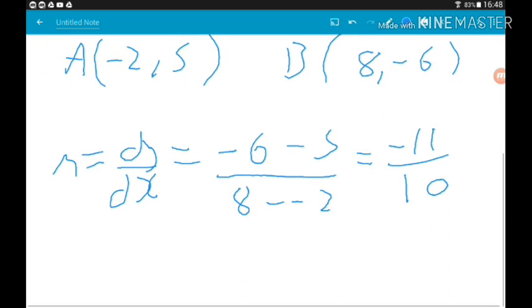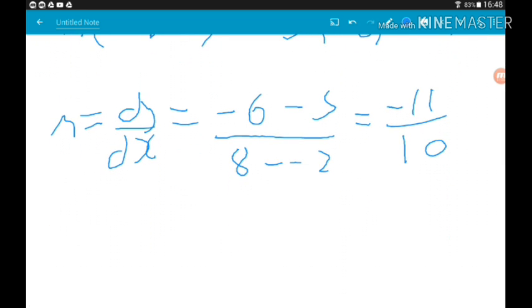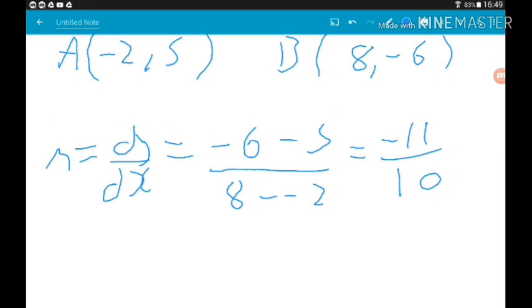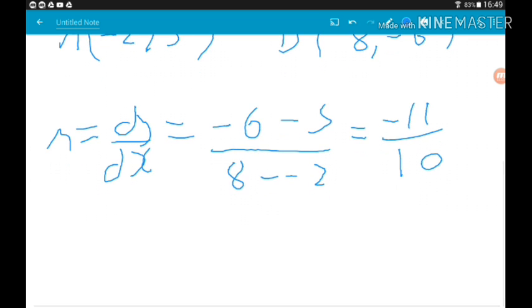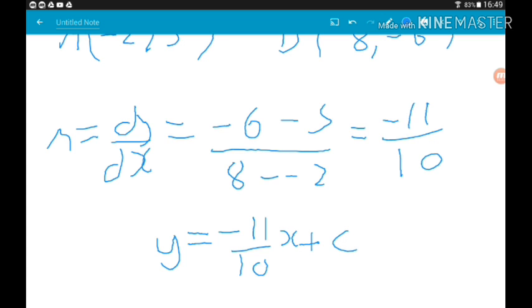So now we know our line has a gradient of -11 tenths. We now need to stick that into y equals mx plus c. So we now know y equals -11 tenths x plus c.